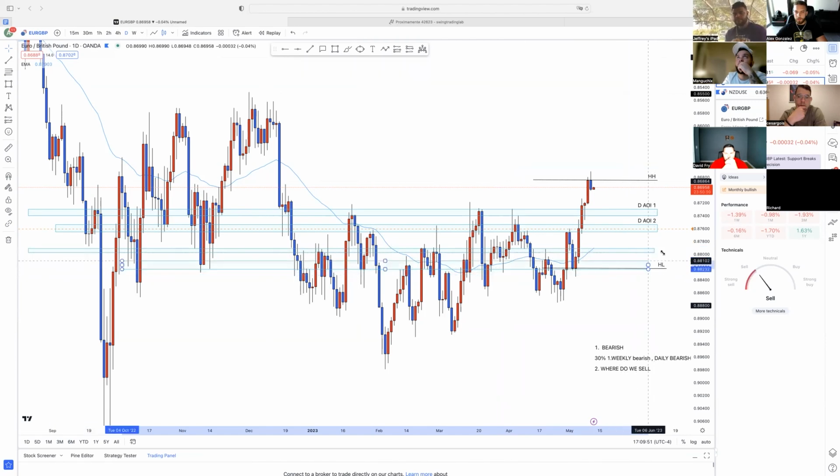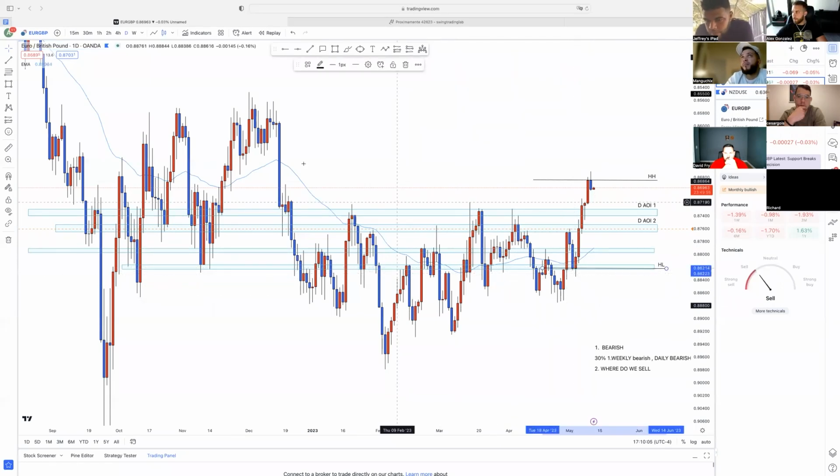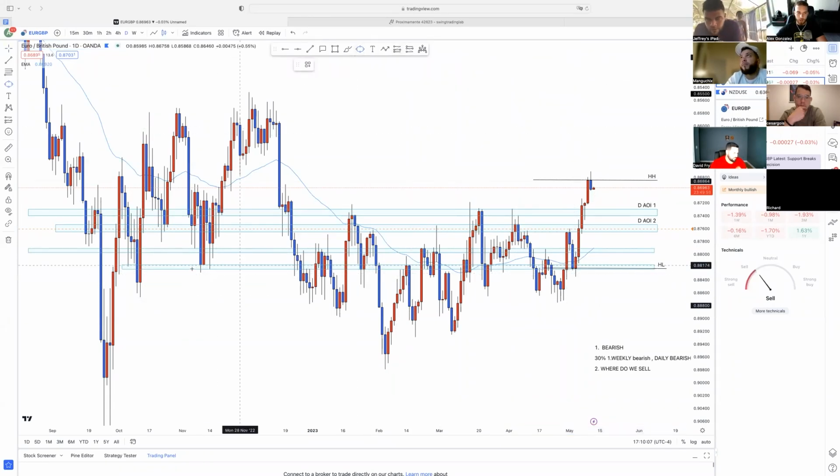And then if we were to keep going from this point down, can we use the higher low as an area of interest? 1, 2, 3, and then 4. You guys are seeing how we can use the higher low as an area of interest. Again, I'm not making any of this up.